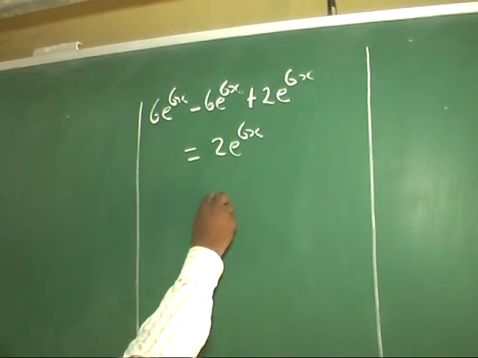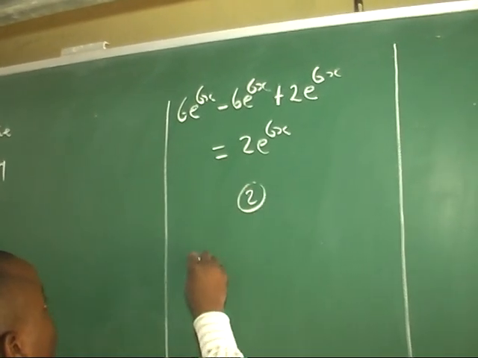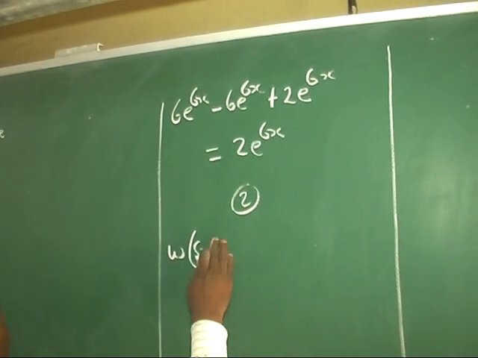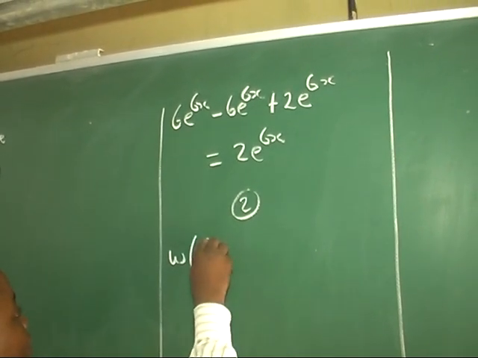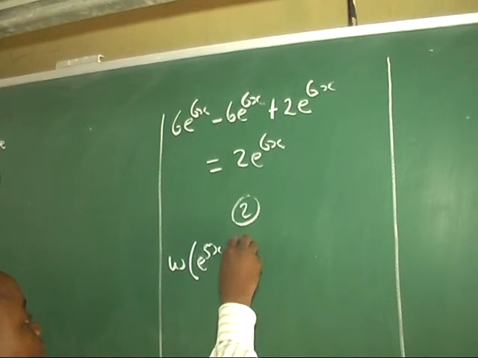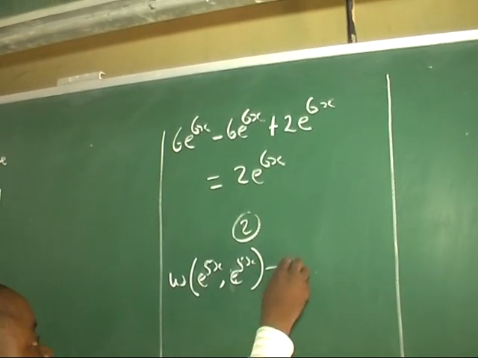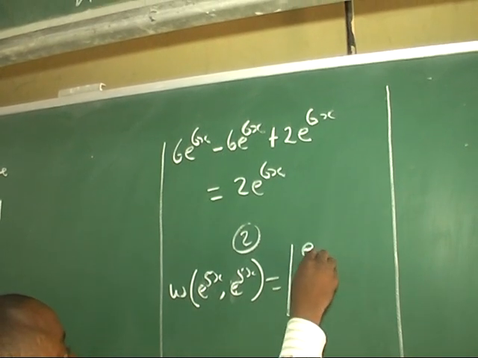Now let's look at 2. 2 is the Wronskian of exponential 5x and exponential 5x. Of course, that is equal to this determinant.